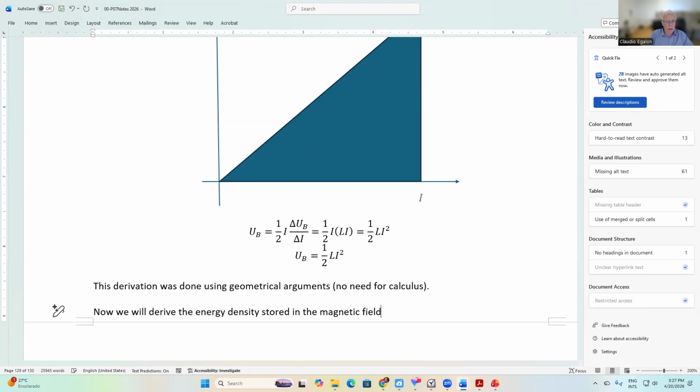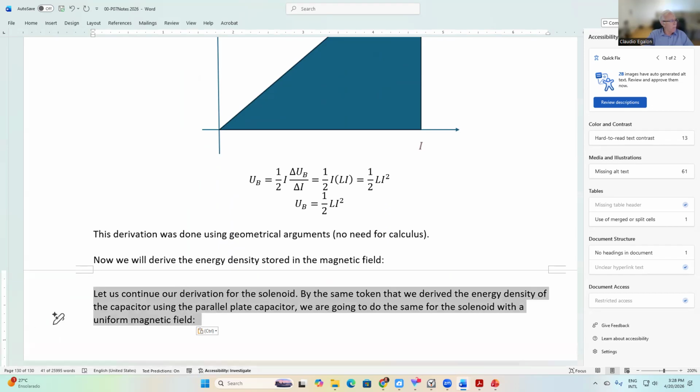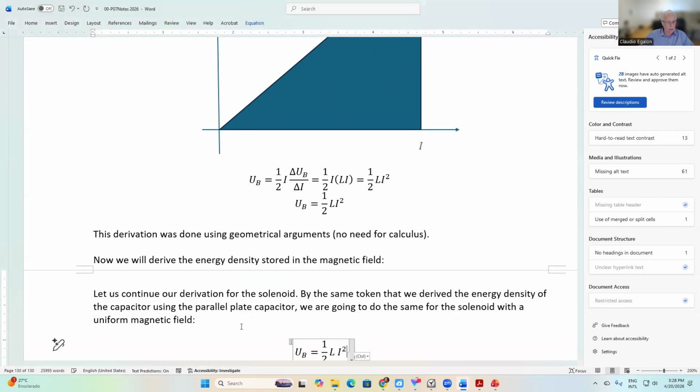We start with this one, and we do it with the solenoid, which has a uniform magnetic field. We started with what we got before.